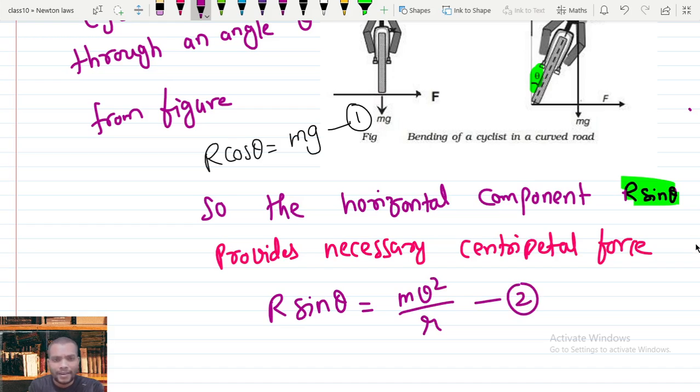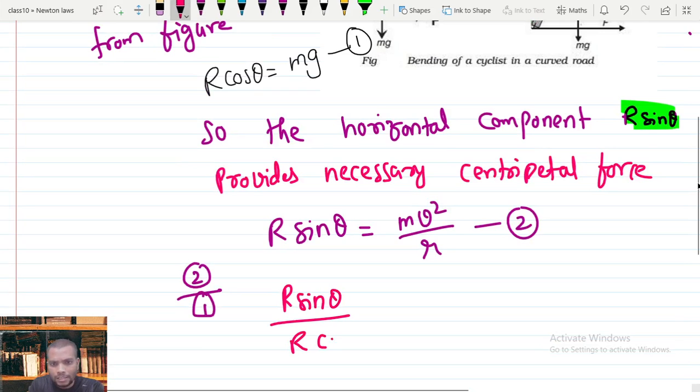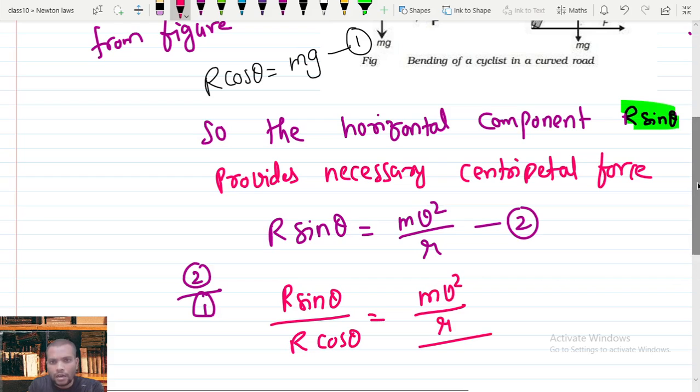Now if you divide 2 by 1, R sin theta upon R cos theta equals mv square by r upon mg.